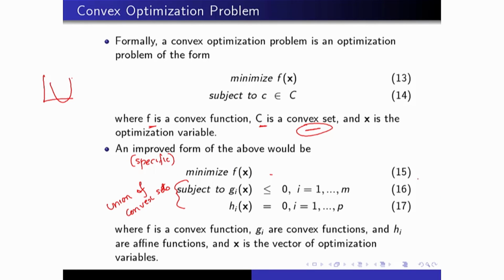I mean x such that g_i(x) is less than or equal to 0 is convex, and so on. If g_i is itself convex, then certainly you can show that each of these sets is convex. In fact, this is called a sub-level set. Just like we talked about level curves or level sets, in the sub-level set you replace the equality with an inequality.